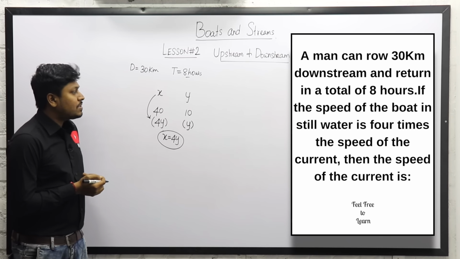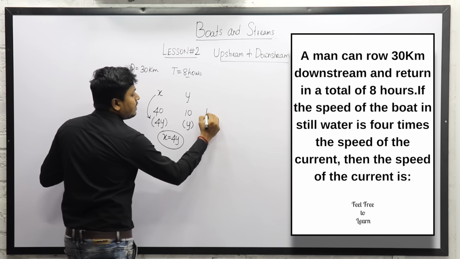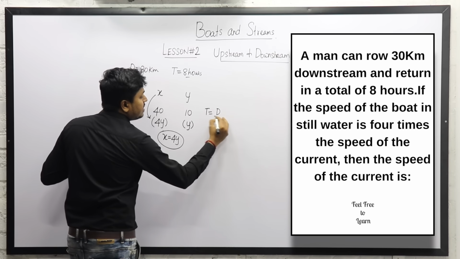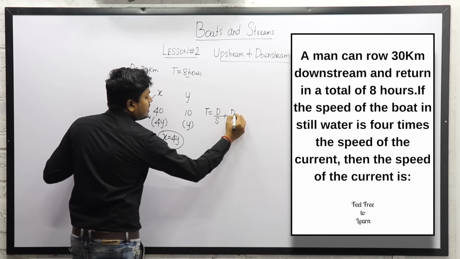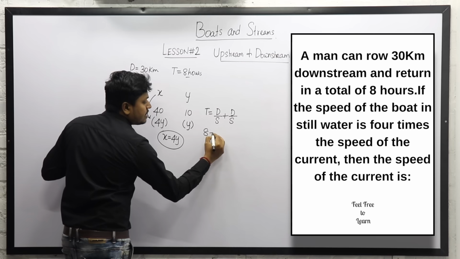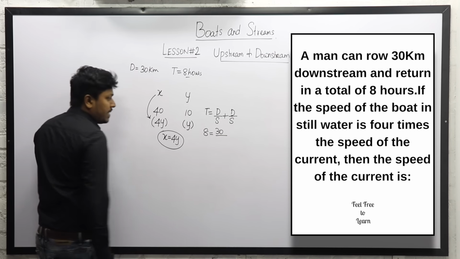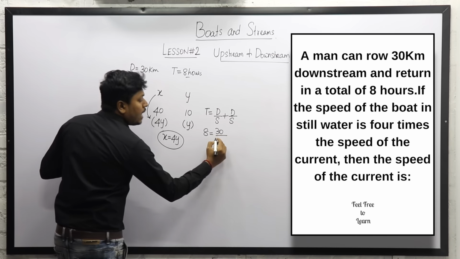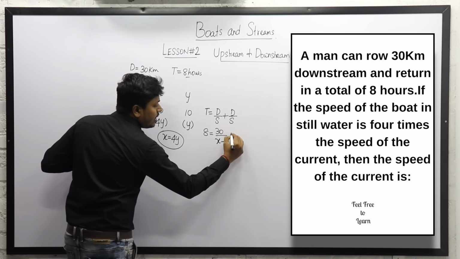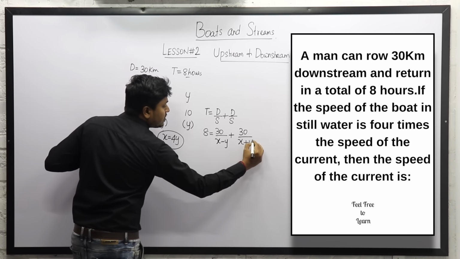So now we can apply all those given values in the same formula. We know the time formula. So time is equal to distance divided by speed plus distance divided by speed. So total time is given, that is 8 hours, is equal to distance, 30, divided by speed. Speed upstream will be x minus y, plus distance 30 divided by downstream, x plus y.